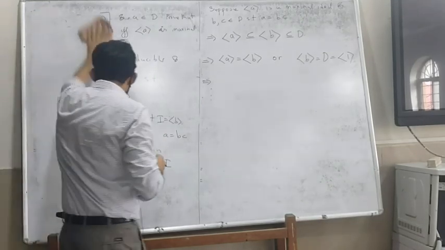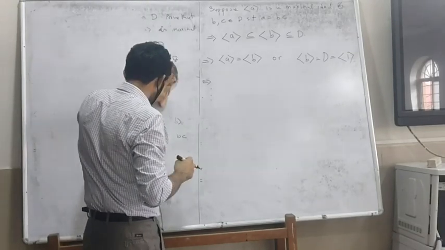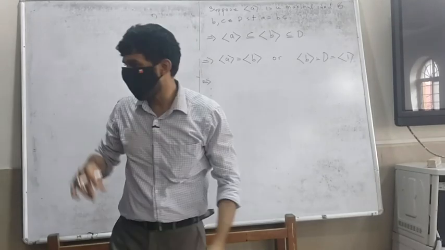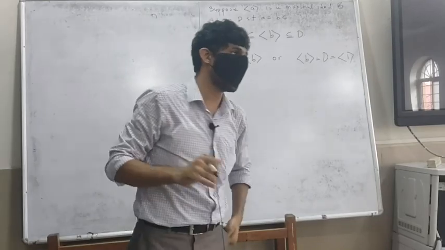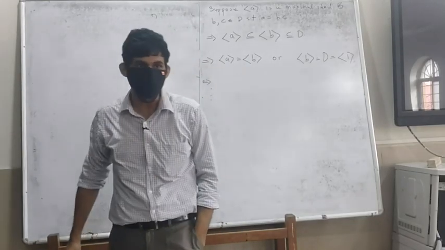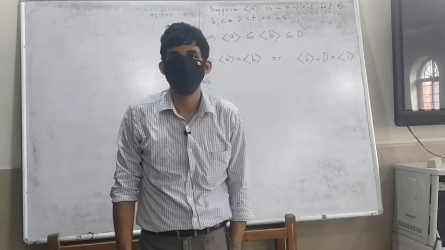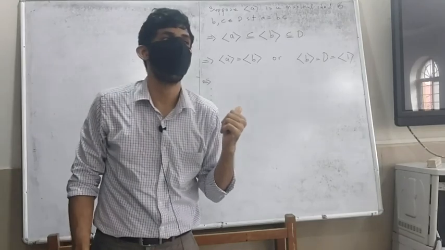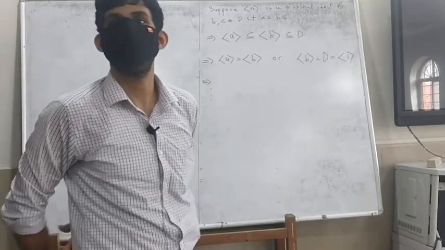The next one which we want to show is that every irreducible is a prime. This follows as a corollary to the previous exercise. From this you can see that every irreducible is a prime in a PID. Why?